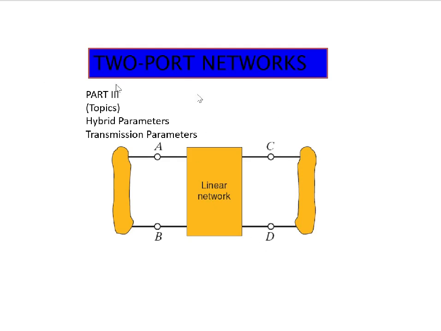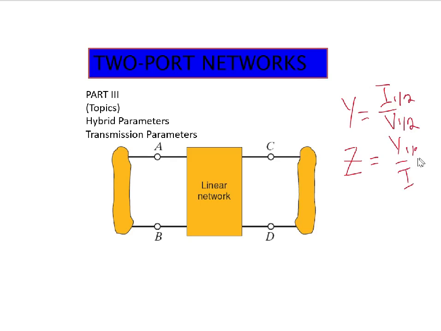So hybrid parameters are basically a bit different from y parameters and z parameters. In y parameters we have some I over some V, and in z parameters we have some V over I. So this can be 1 or 2, and this can be 1 or 2.